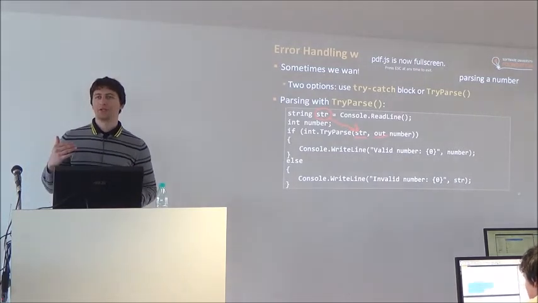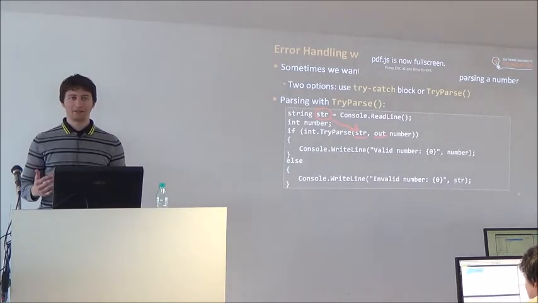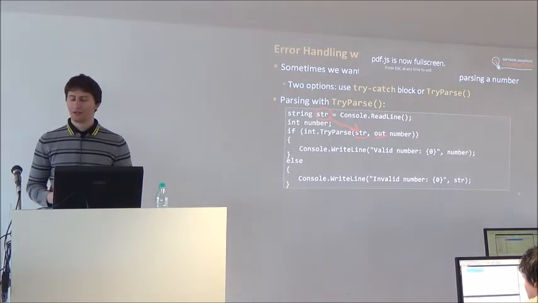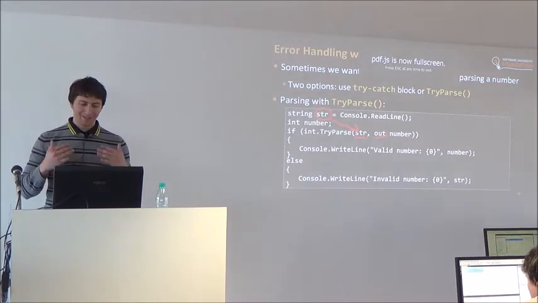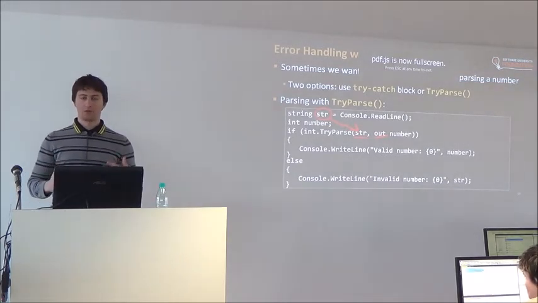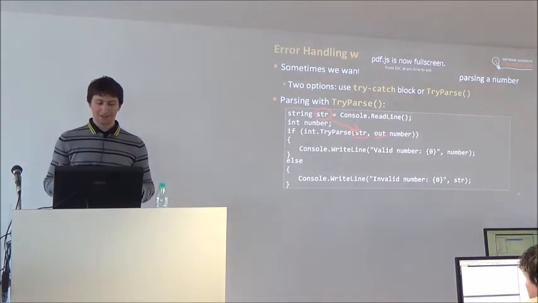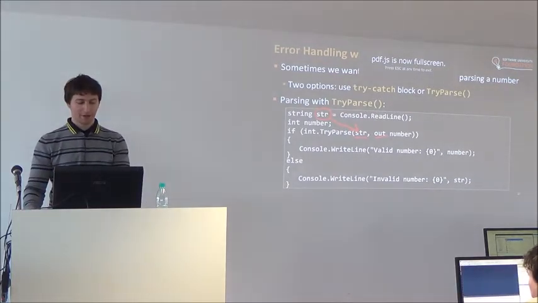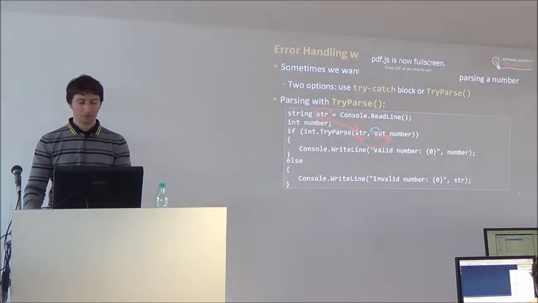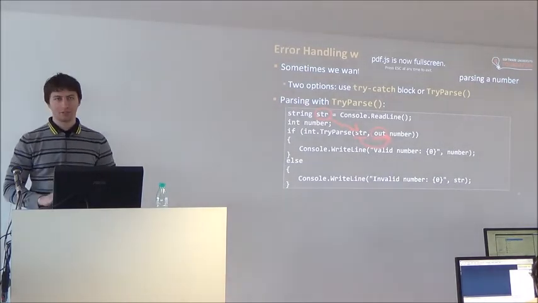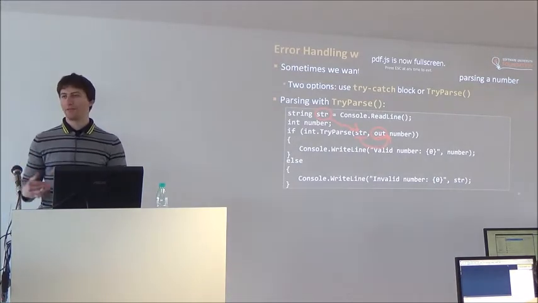For now, just keep in mind that as syntax, you have to write out number. What it does behind the scenes, I'm not going to explain. What it does is it parses the string as an integer, or it tries, obviously, and inputs it in number if it succeeds. You cannot omit out. You need to put out. It's just syntax: out, and then the variable that you have.